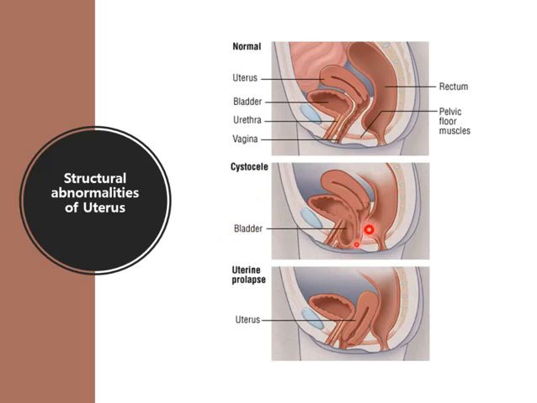Both structures are pressed against each other. The uterus is higher up, the bladder is a bit lower, right? As they both press on each other, the chances of the bladder coming out are more. So the bladder comes out, and it leads to a condition called cystocele.